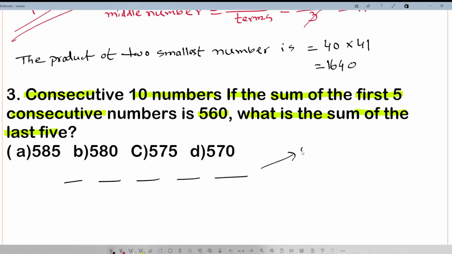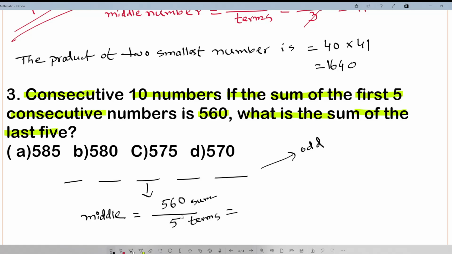These are an odd count, so we have to find the middle one. The first 5 numbers' summation is 560 divided by 5. The sum divided by the terms. So what will be the answer?